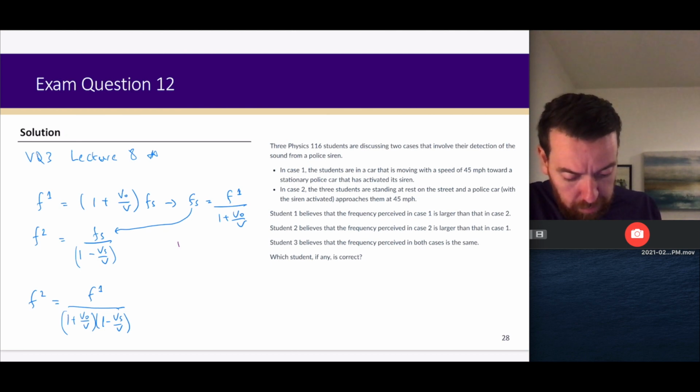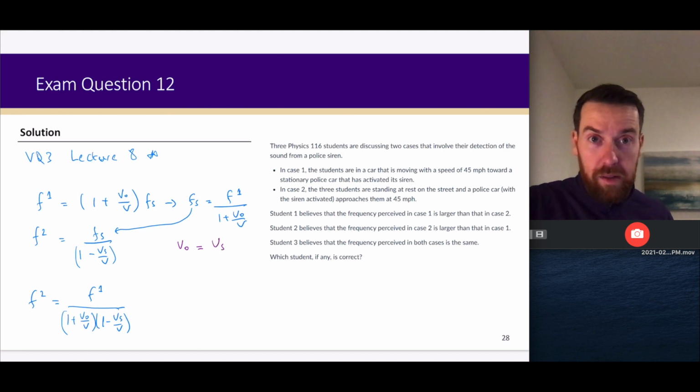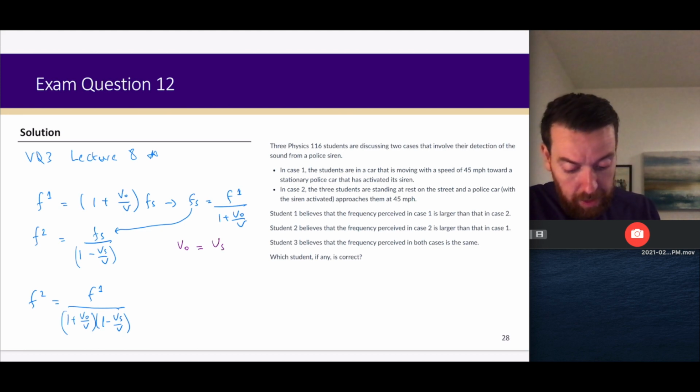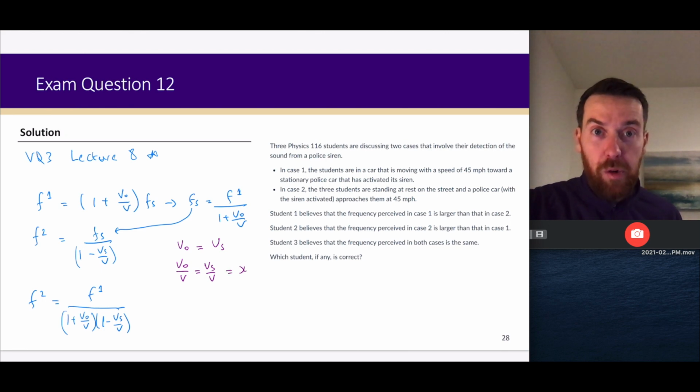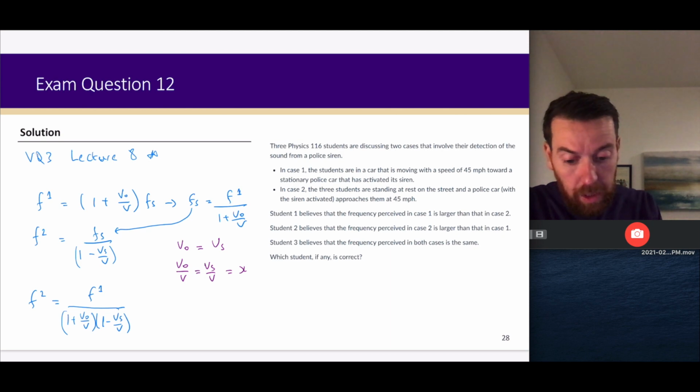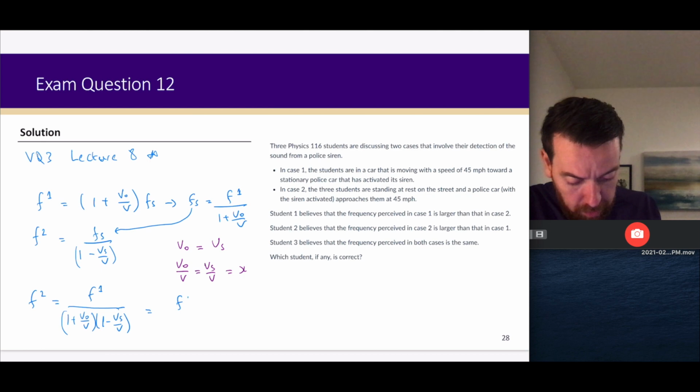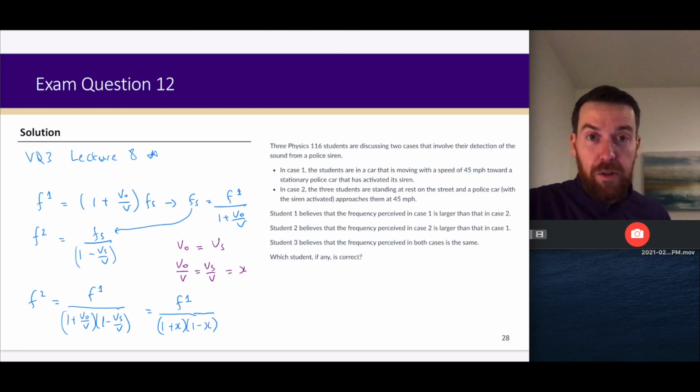We know that V observer is equal to V of the source, both 45 miles an hour. So V0 over V is equal to Vs over V, and I'm going to call that quantity X, because it's the same ratio in both. So we have F1 divided by 1 plus X times 1 minus X, which you might see as a difference of two squares.